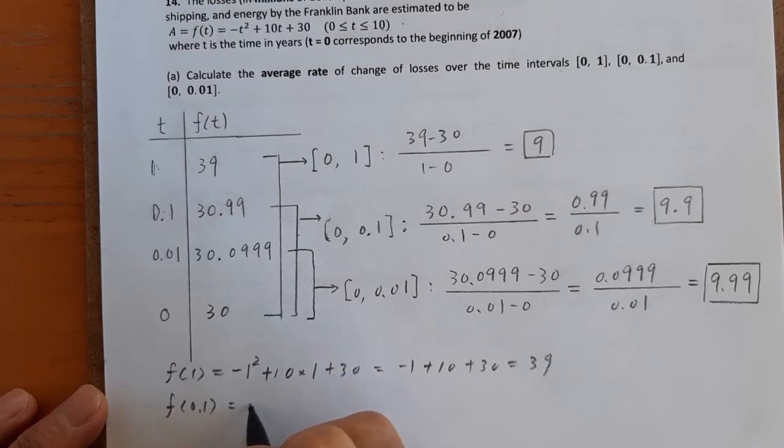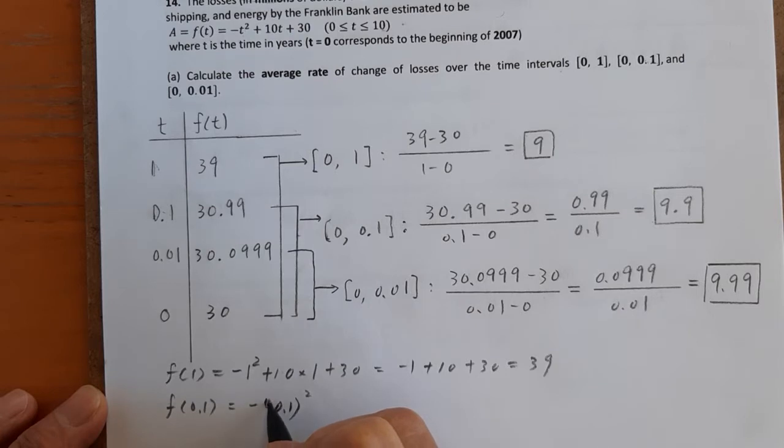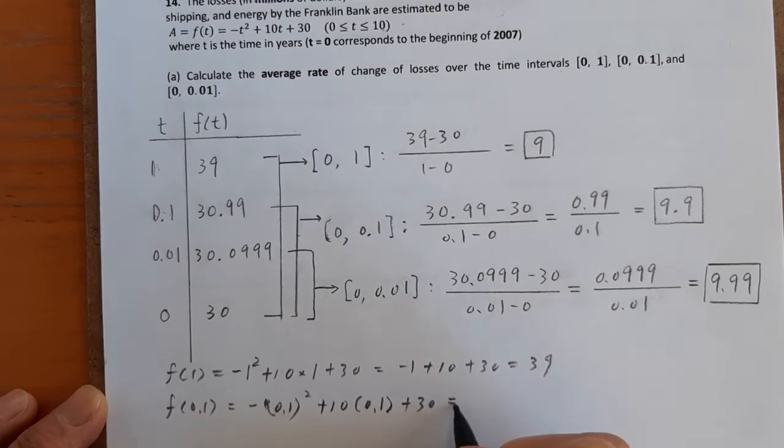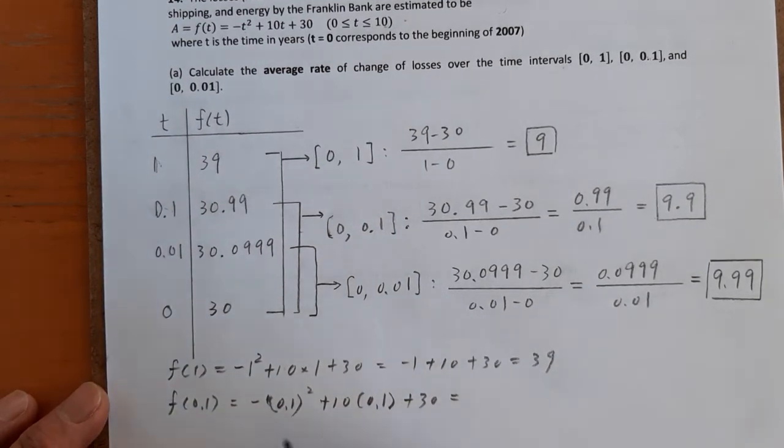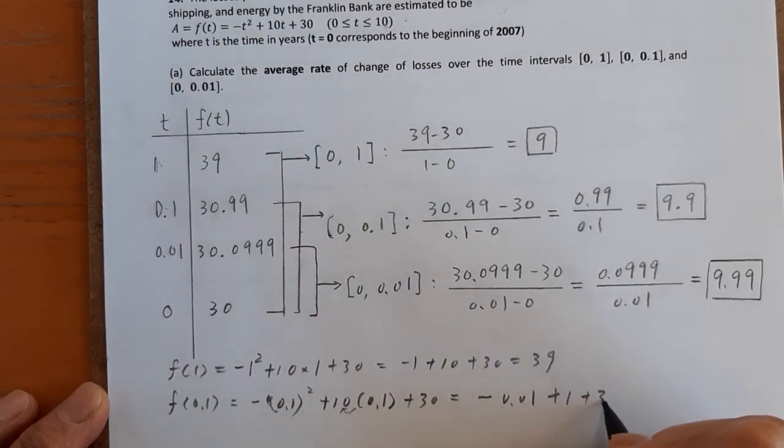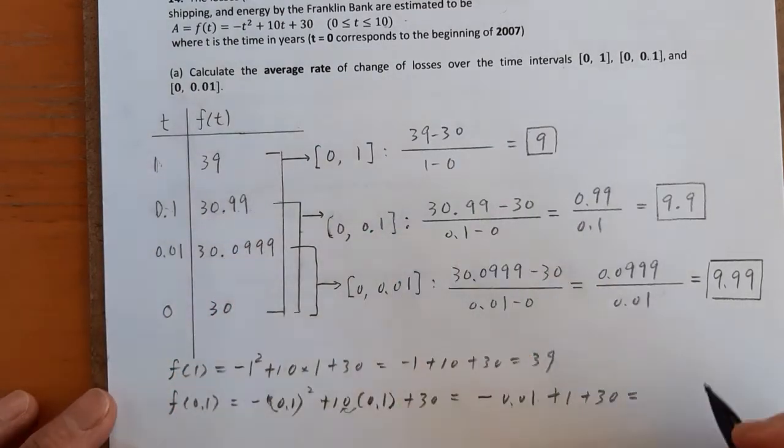So it's negative 0.1 squared, then plus 10 times 0.1, and add 30. So 0.1 squared is 0.01. 10 times 0.1 is moving the decimal point one position to the left, 1, plus 30. So you get 31 minus 0.01. You get 30.99. You can use a calculator.